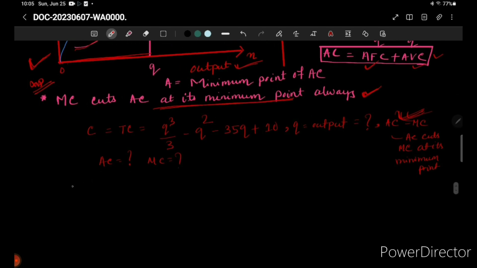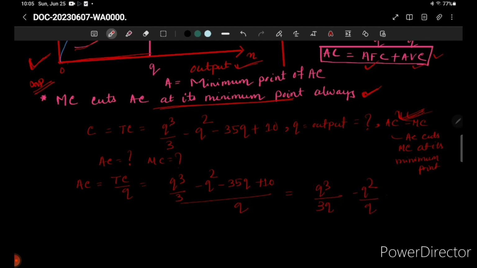Previously we have already discussed that AC is the per unit cost, that is TC divided by Q. So the TC function is given as Q to the power 3 divided by 3 minus Q square minus 35Q plus 10, whole divided by Q, and I can write it as Q cube divided by 3Q minus Q square divided by Q minus 35Q divided by Q plus 10 divided by Q. Okay, so here Q cancels out with Q cube, providing Q square, and Q square divided by Q, that means Q cancels out.